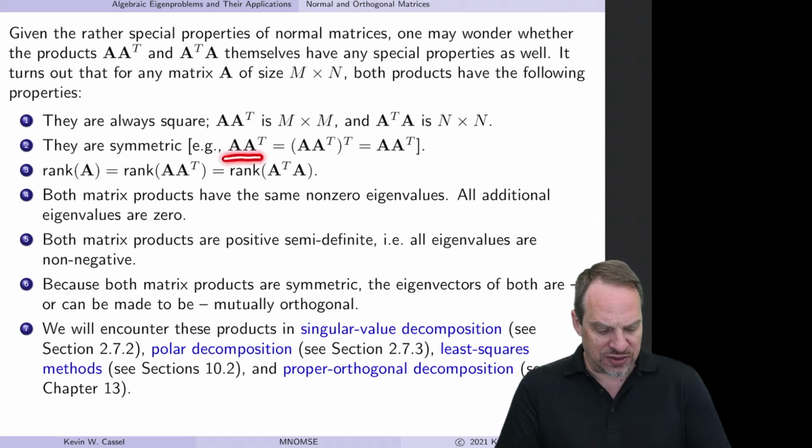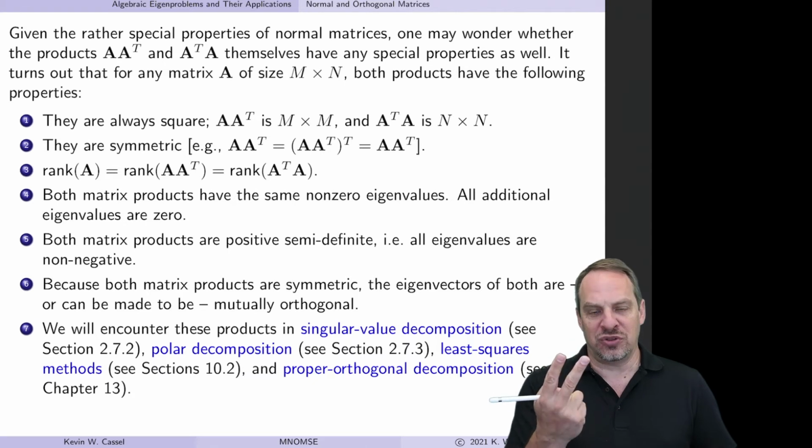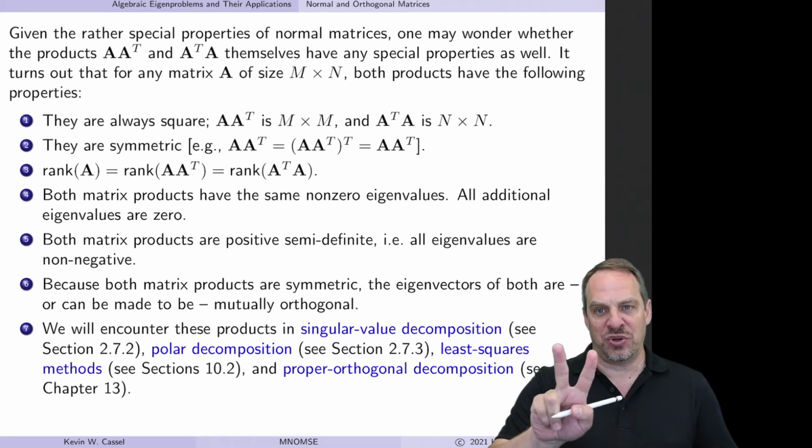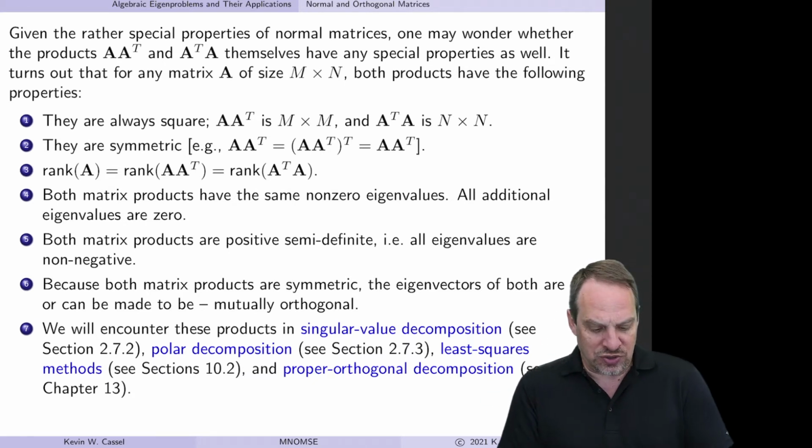Let's look at A times A transpose. Well, that's the same as the transpose of A times A transpose, because remember, the transpose of the product of two matrices is the product of the transposes in reverse order. So the transpose of A times A transpose will be A transpose transpose, which is just A, times A transpose.